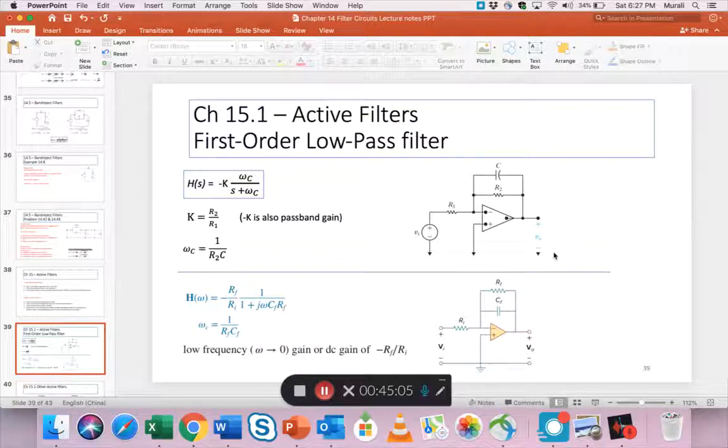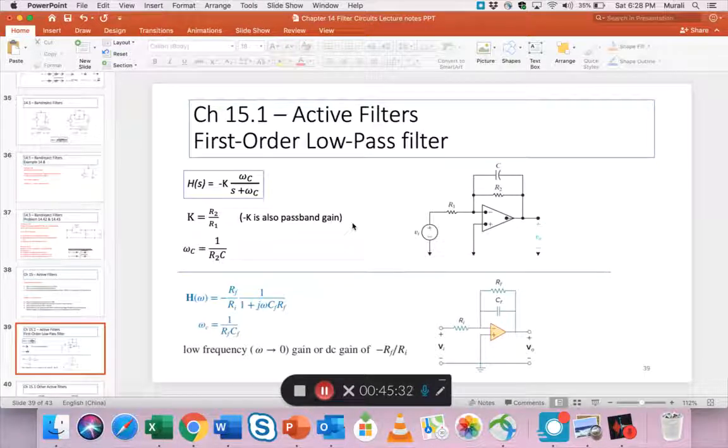So I showed you these drawings, these circuit diagrams. The first order low pass filter, you see something called K, which is not the same K as the other cases. This K is strictly gain. It's R2 by R1, which is the ideal gain on an op-amp circuit, or RF by Ri actually, with a negative sign.